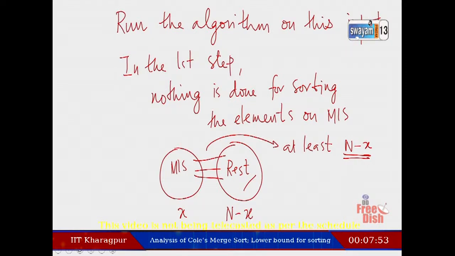So in the first step, the algorithm performs these n minus x comparisons, but these comparisons are all between the largest elements in the set and the rest. But we have purposefully kept the largest elements at these x positions. Therefore, all these comparisons are actually not doing anything towards sorting the elements that are in the maximal independent set or sorting the rest of the elements. So you can say that all these comparisons are in that sense wasted. Now we have ensured two things.